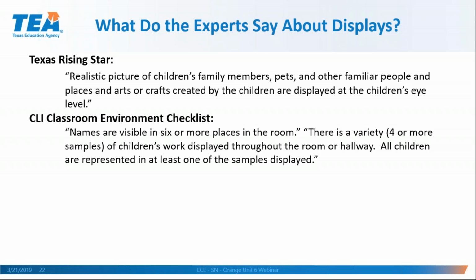So think about in the classroom, does the child see their name 6 or more times? And then they say there is a variety, 4 or more samples of children's work displayed throughout the room or hallway. All children are represented in at least one of the samples displayed.